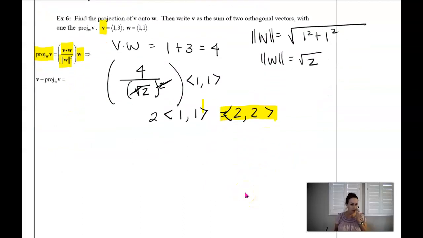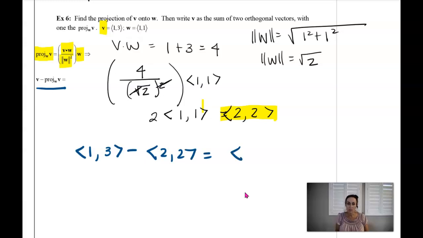In order to do that, we are going to take vector V, which is 1, 3, and we're going to subtract the projection vector, which is 2, 2. And that gives me 1 subtract 2 is negative 1, and 3 subtract 2 is 1.